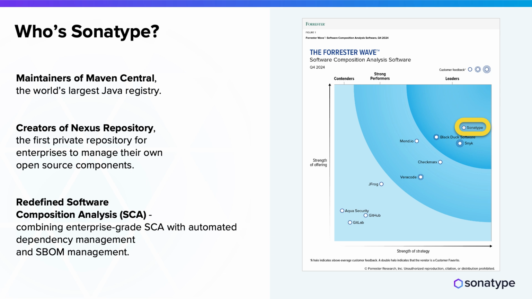Nexus repository, which is widely used by many organizations in the world, is the first private repository for enterprises to manage their open source components. A lot of companies leverage the Nexus repository to proxy and pull open source components in a way that makes it easy to manage all the open source components in one place.